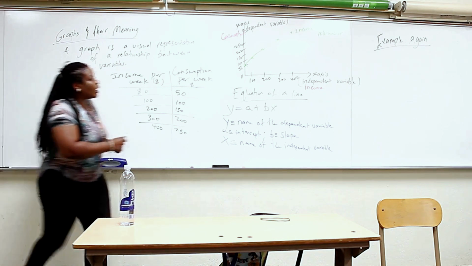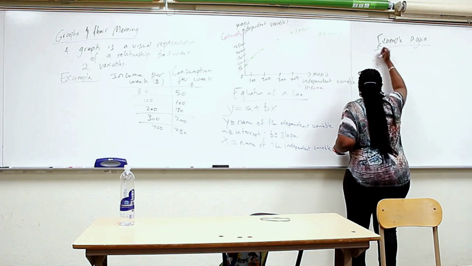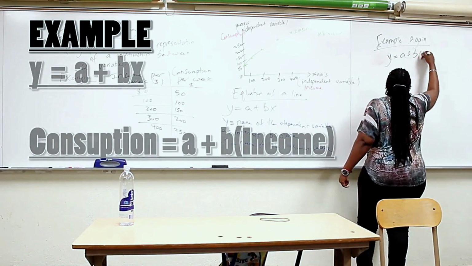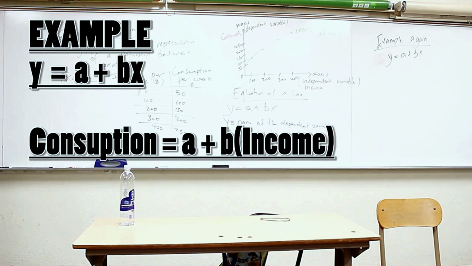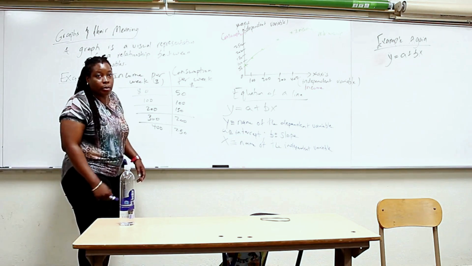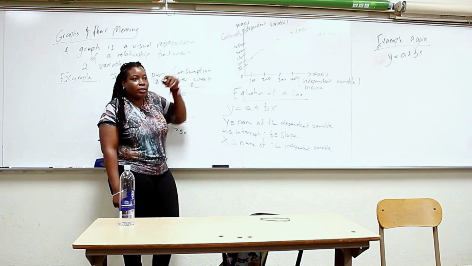If we're going to use this example, we know we're trying to find y is equal to a plus bx. We're going to fill in these particular pieces. We said y is the name of the dependent variable, the name that we have on the y-axis.